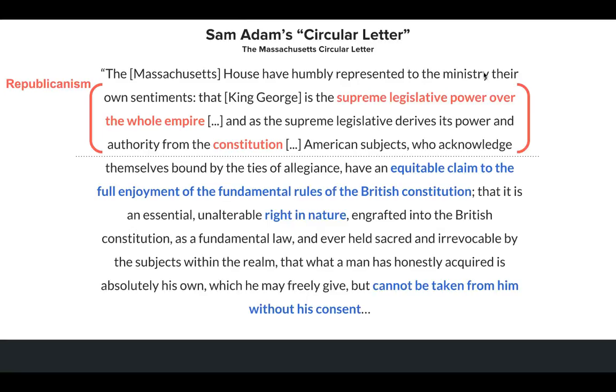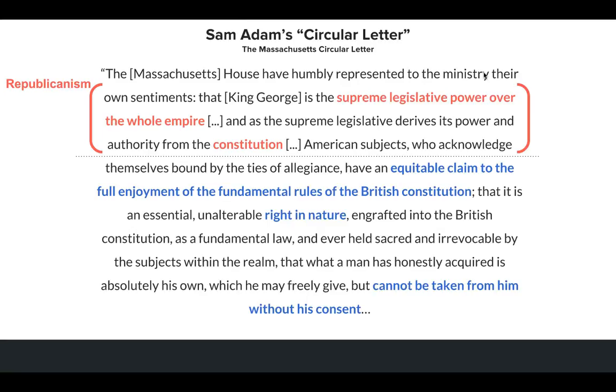What Sam Adams is trying to communicate here is the idea of republicanism, first of all. He's come out saying the Massachusetts House have gathered together and they want to convey these messages. First of all, King George is the supreme power in the whole empire, and he's the supreme power because of the British Constitution.